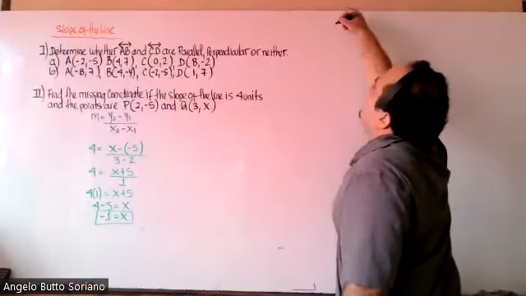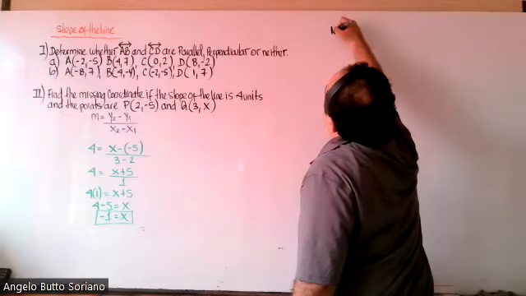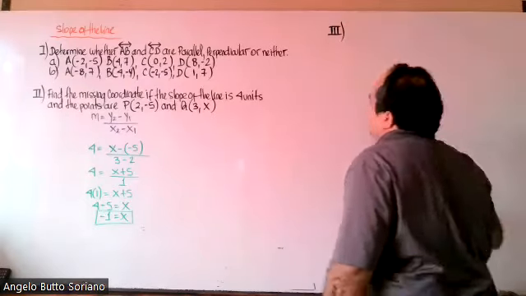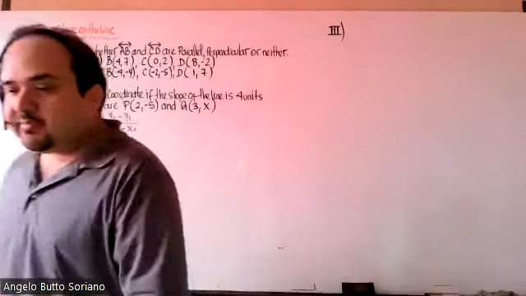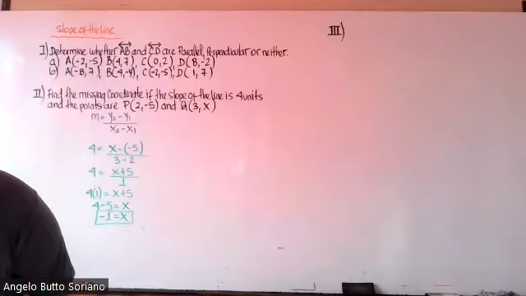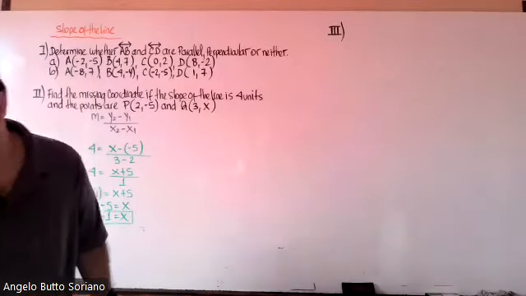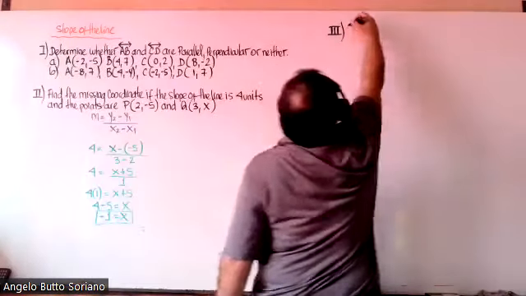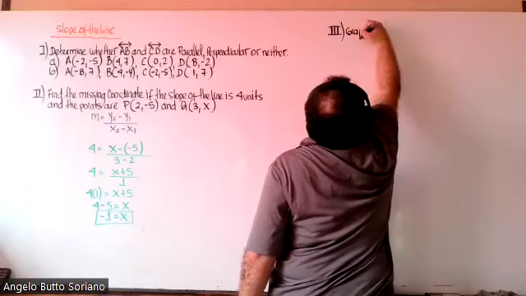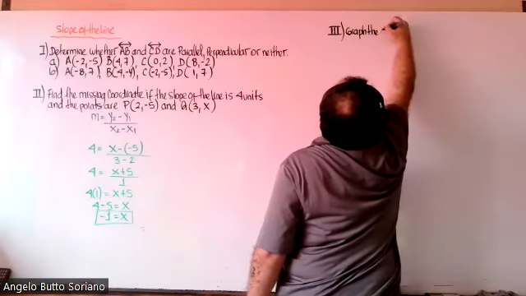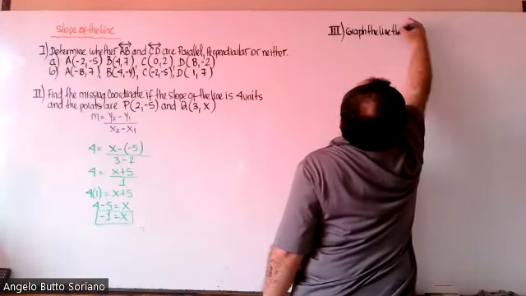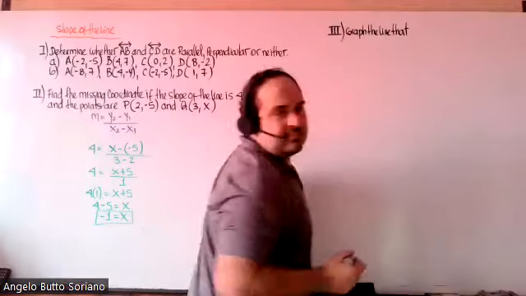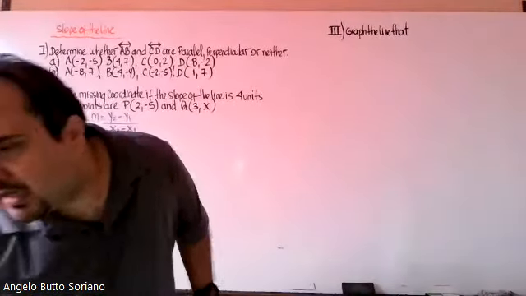Okay, the example number 3. Example number 3 says, graph the line that satisfies each condition.